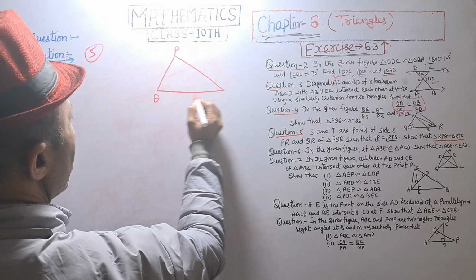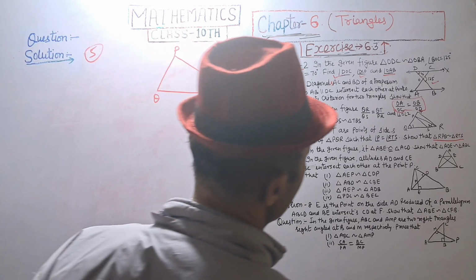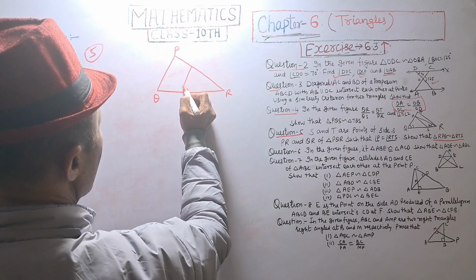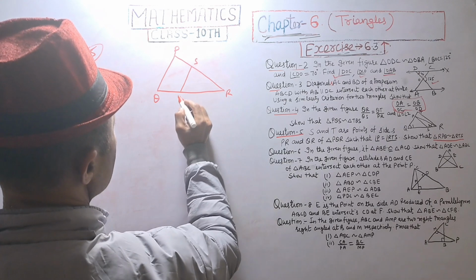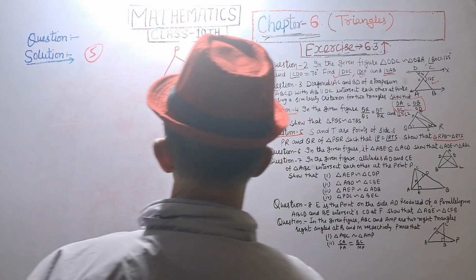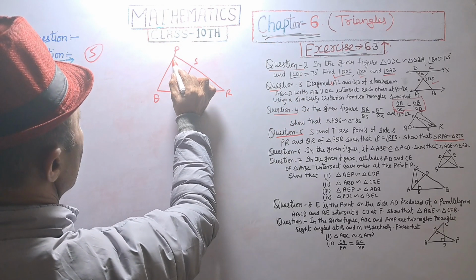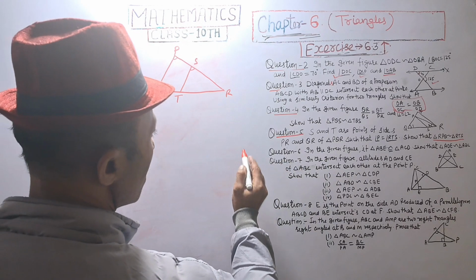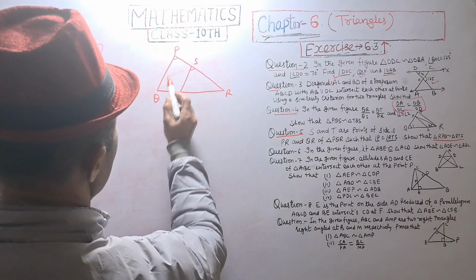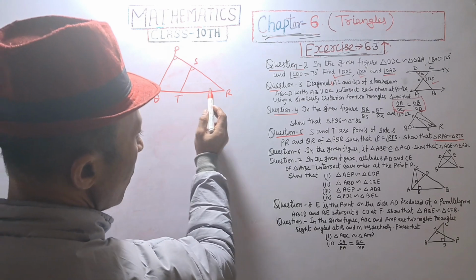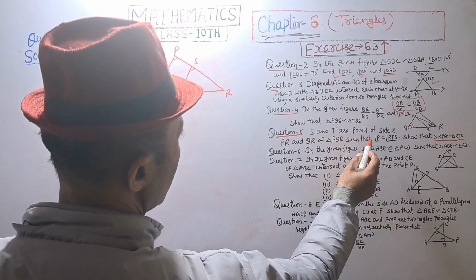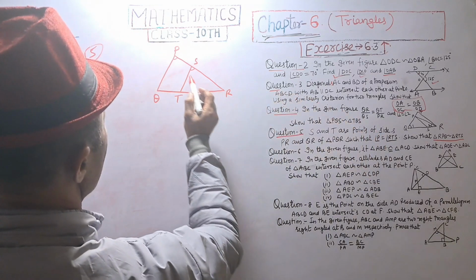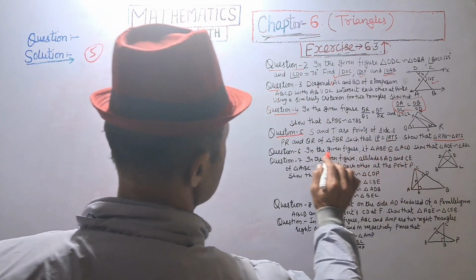Draw a triangle PQR, and ST, on PR and QR of the triangle such that angle P is equal to angle RTS.